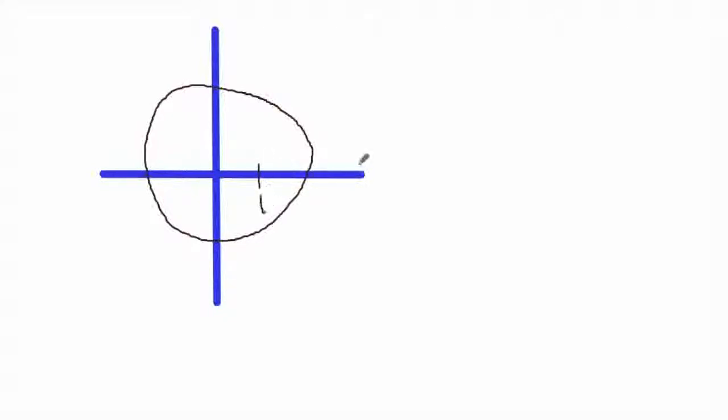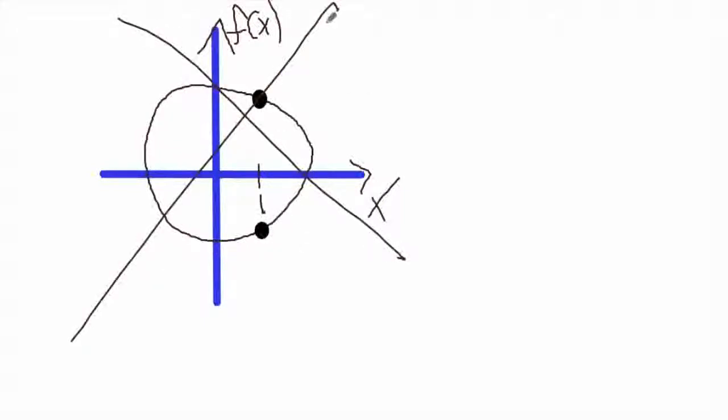Let's say this was x equal to 1. Let's say this is potentially the graph of some function. Would the value of f be the point above x equal 1, or would it be the point below? You see, you'd have no way of knowing. So that's why you can't have something that's circular shaped be the graph of a function.